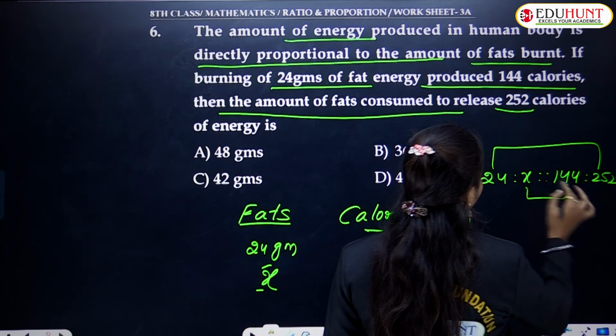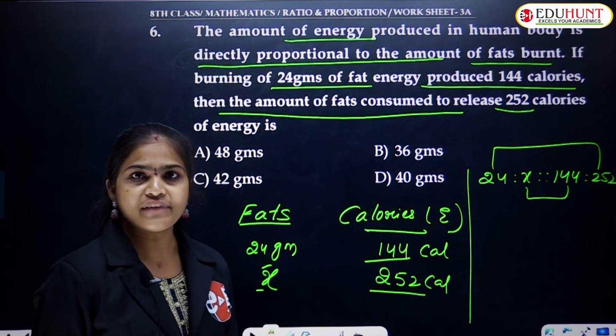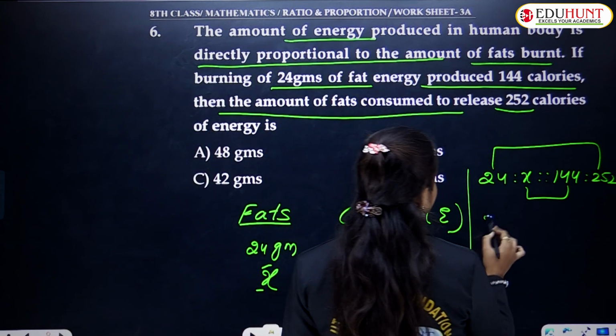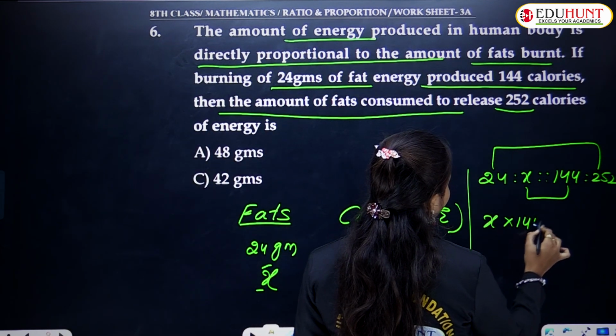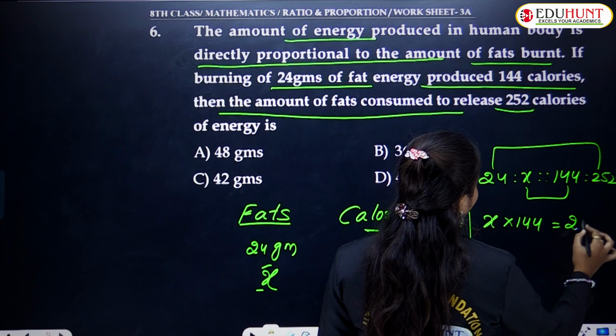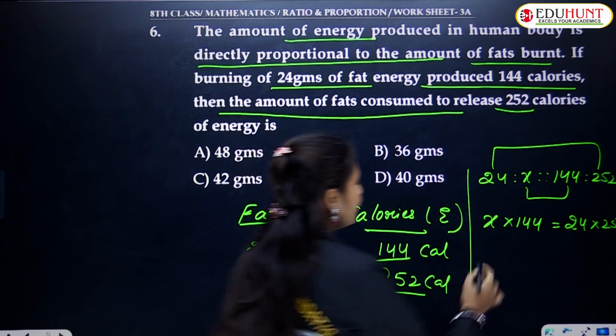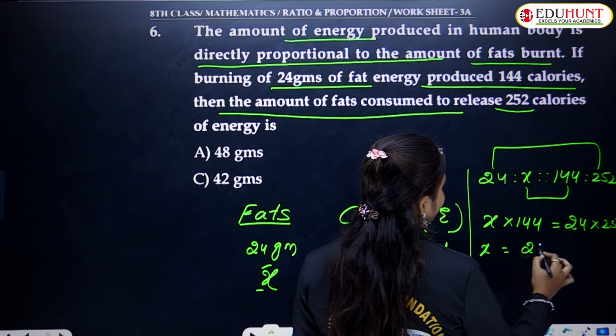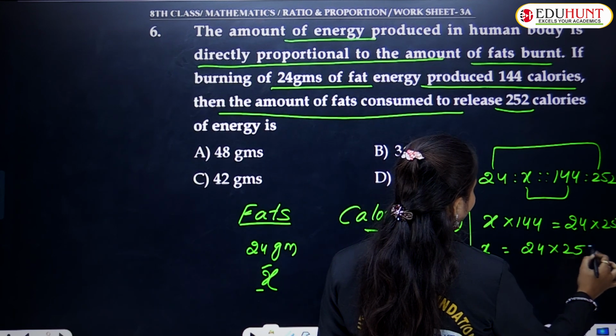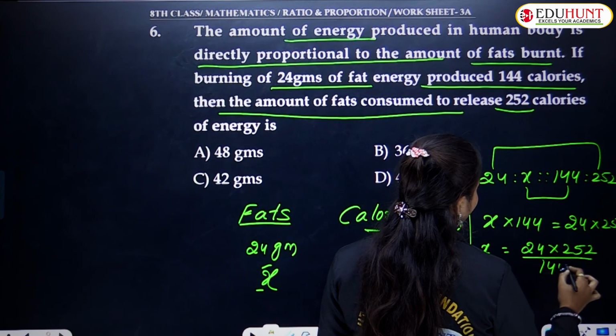Just take that the product of extremes is equal to the product of means. X into 144 is equal to 24 into 252. From this, x is equal to 24 into 252 by 144.